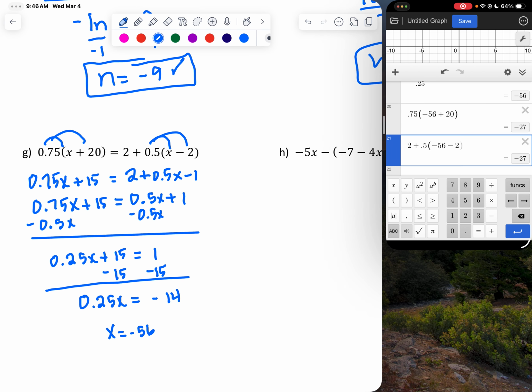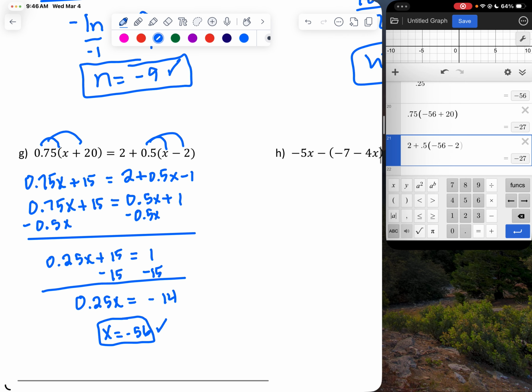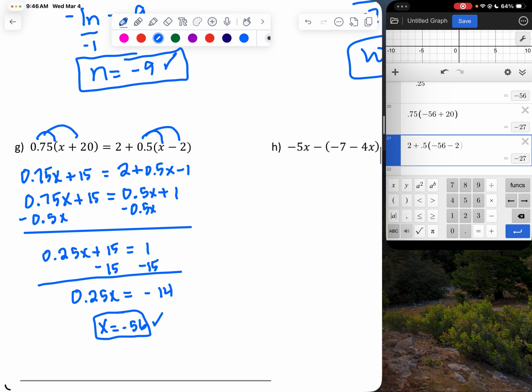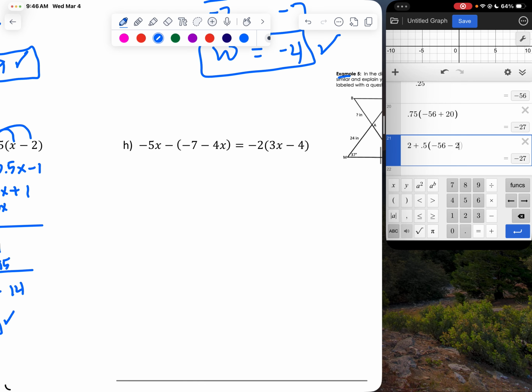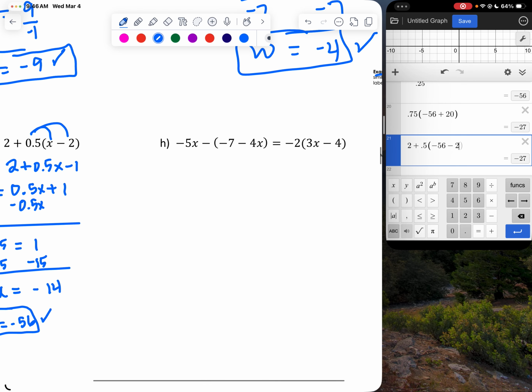And I got the same value on both sides, so this solution checks. So my solution here is negative 56. Pause the video and fix anything that you might have gotten wrong. If you got everything right, you're ready to try problem H on your own. So pause the video one more time and try problem H.